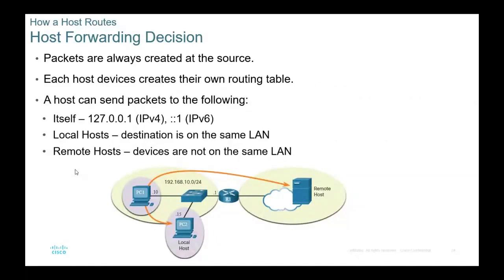So Marianne creates a packet, source IP address 10.1.1.2, destination IP address 10.1.1.3, and now encapsulates it into a frame. Source MAC address is Marianne's, obviously. What's the destination MAC address?